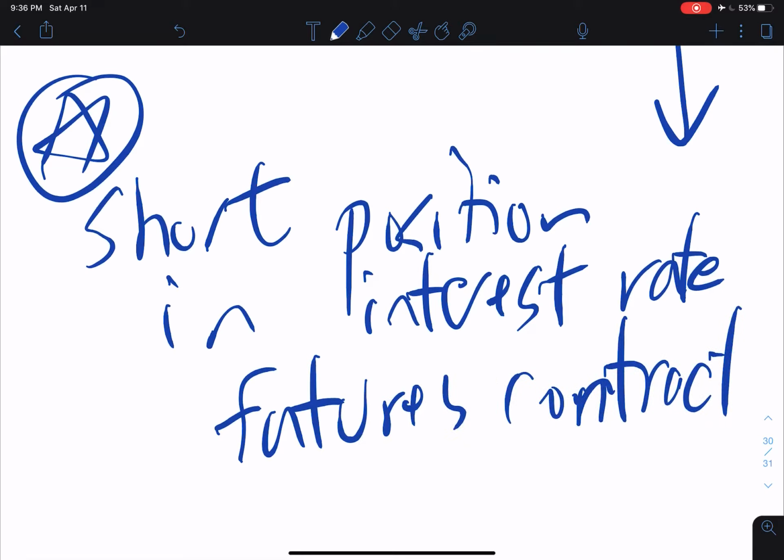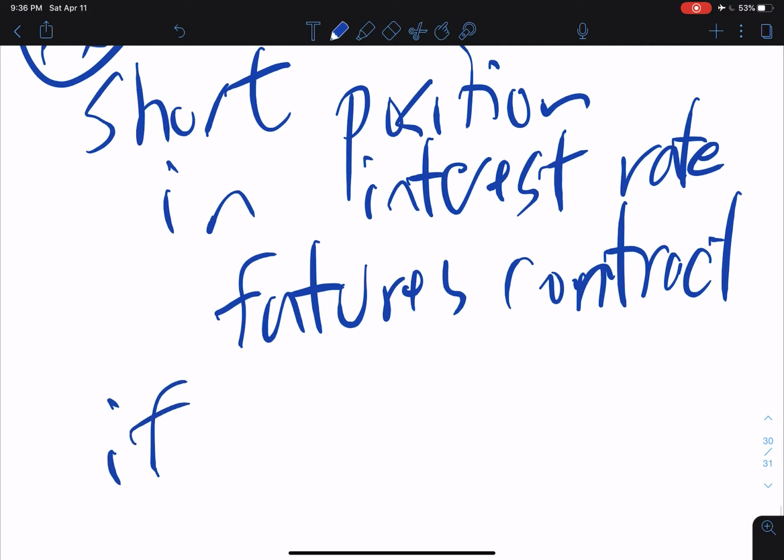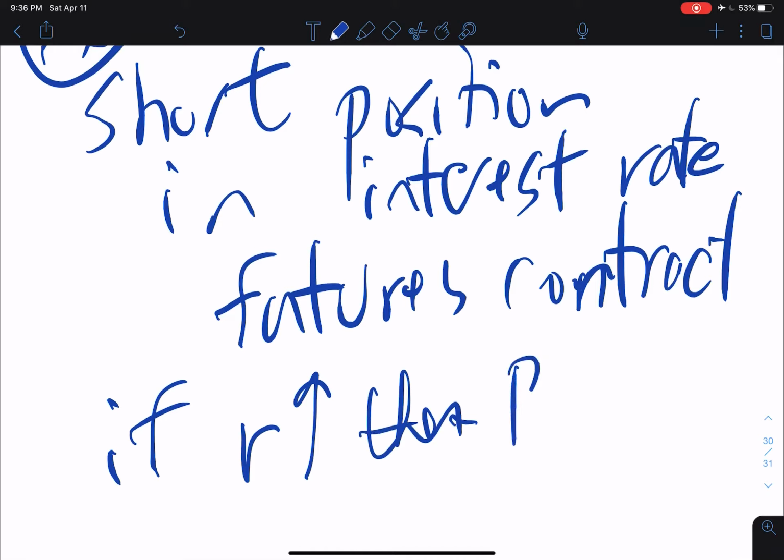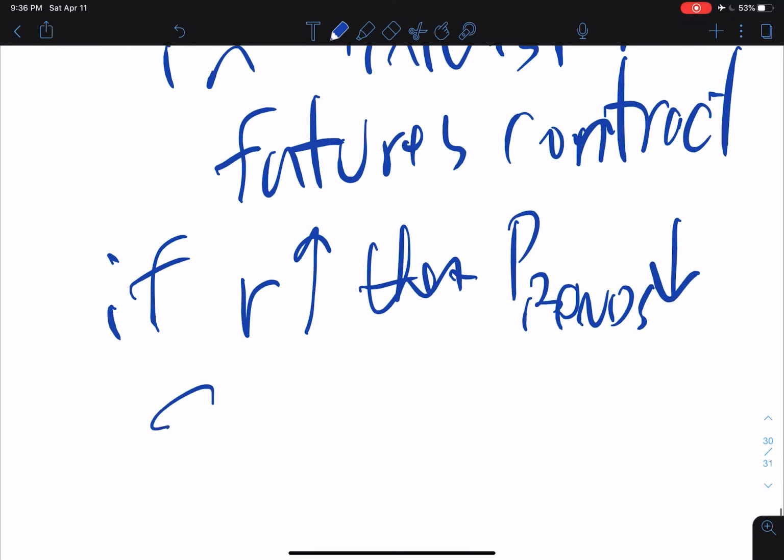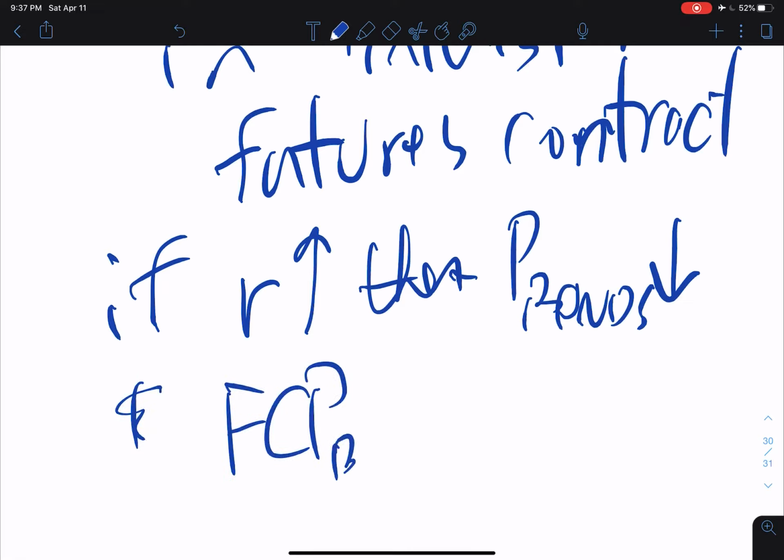Okay, short position. Because then, if interest rates do rise, then price of bonds will fall, and futures contract prices of bonds will also fall.